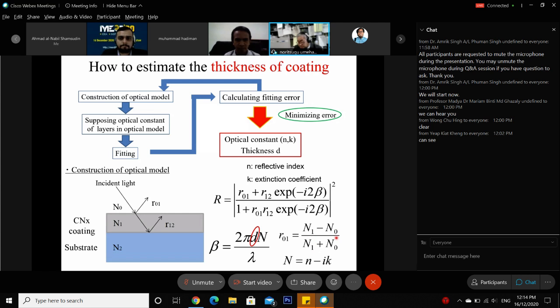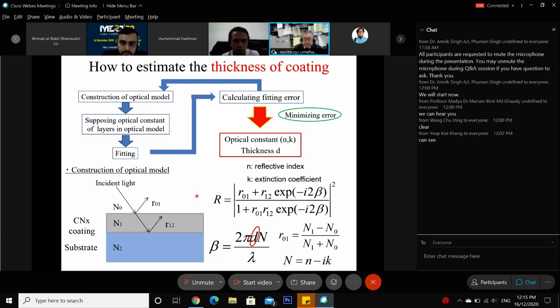N is small n minus ik, where n is the refractive index and k is the extinction coefficient, and beta comes in here. Finally, we should do some matching of the spectrum with the optical model.